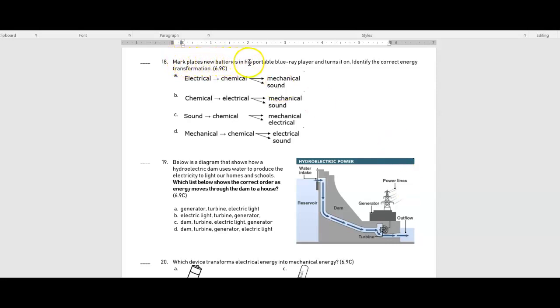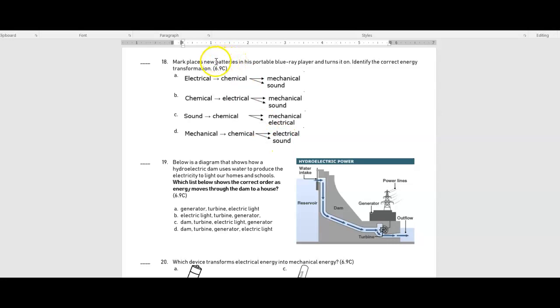All right, number 18. Mark places new batteries in his portable Blu-ray player and turns it on. Identify the correct energy transformation. So a portable Blu-ray player is like a little mini TV, okay? We have batteries, and then he turns it on. So we have electrical to chemical to mechanical and sound, chemical to electrical to mechanical and sound, sound to chemical to mechanical and electrical, mechanical to chemical to electrical and sound.